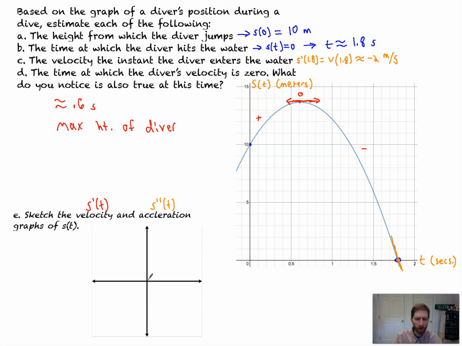So, first of all, we've got to sketch it from here to here because our time is only positive. And we start out positive and then go negative, hitting 0 somewhere at about 0.6. So here's 0.5, here's 1, and then here's 1.5. We've got to make sure we hit this pretty well. So we're going to have a velocity of 0. Remember, the y value on this curve is the slope on that curve.